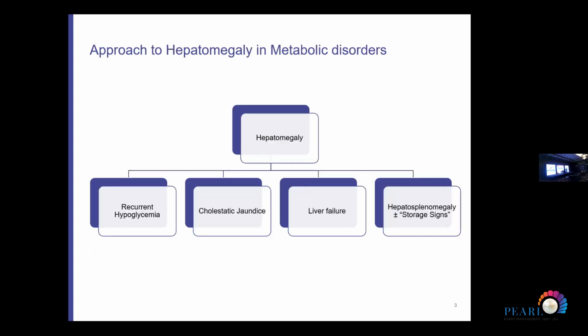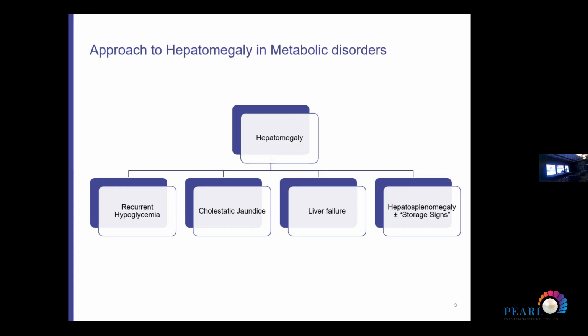So how do you approach hepatomegaly in the context of a metabolic differential diagnosis? When we think of hepatomegaly, we can categorize the patient into 4 different categories. Hepatomegaly related to recurrent hypoglycemia, that related to cholestatic jaundice, mainly presenting with liver failure, or the group of hepatosplenomegaly with the presence or absence of storage signs, which I will maybe touch on later on.